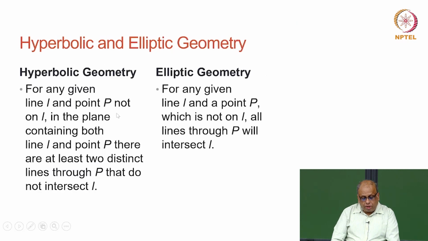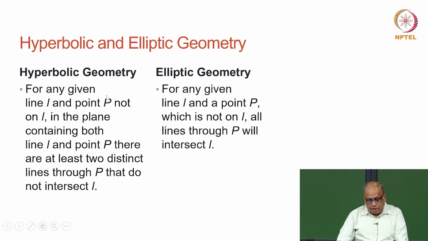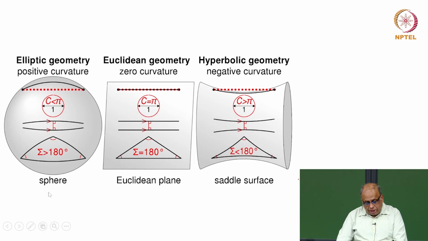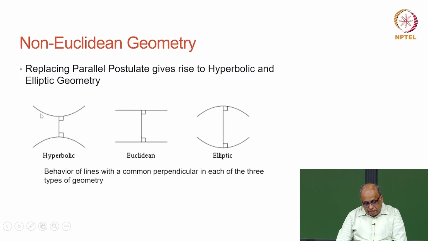What hyperbolic geometry says is that for any given line L and a point P not on the line, in the plane containing both the line and P, there are at least two distinct lines through P that do not intersect L. So what it means is that they will go further and further away from each other.